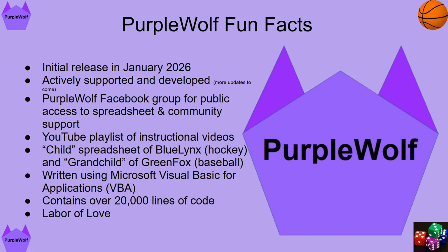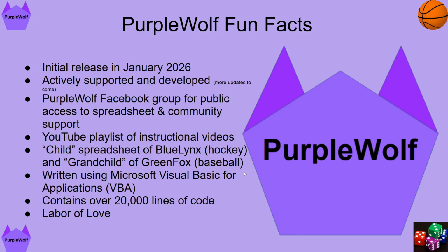The advantage of that is just that I've learned a lot in creating those and releasing the many updates to each of those. They're both still being updated, but the good thing for PurpleWolf is that it can start out with some features that were not in those other ones when they first were released. So it starts off farther along than the other two.